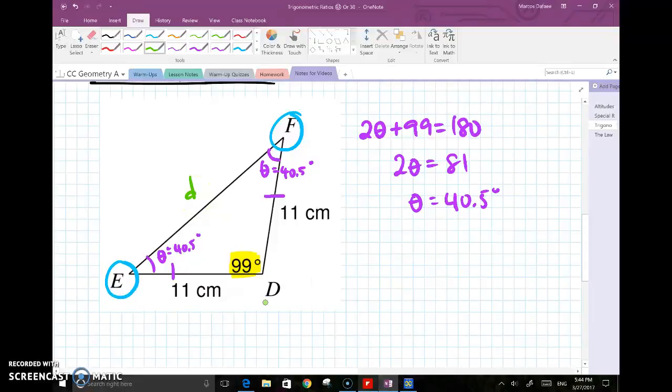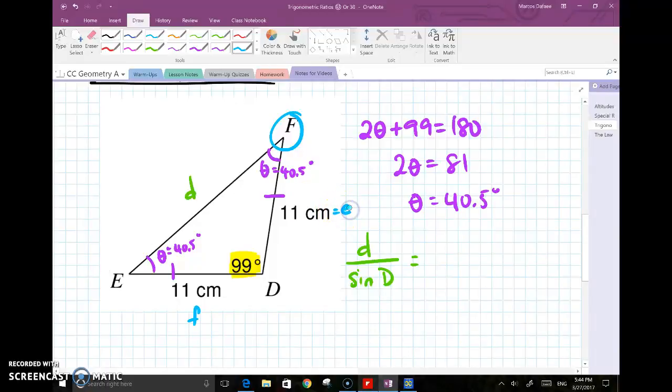All right, so here I go. I'm going to say little d over the sine of big D is equal to, and now I can choose whichever other angle, and whichever other side that I want. Okay, keep in mind that this is big F, therefore this is little f, and this is big E, therefore this is little e.